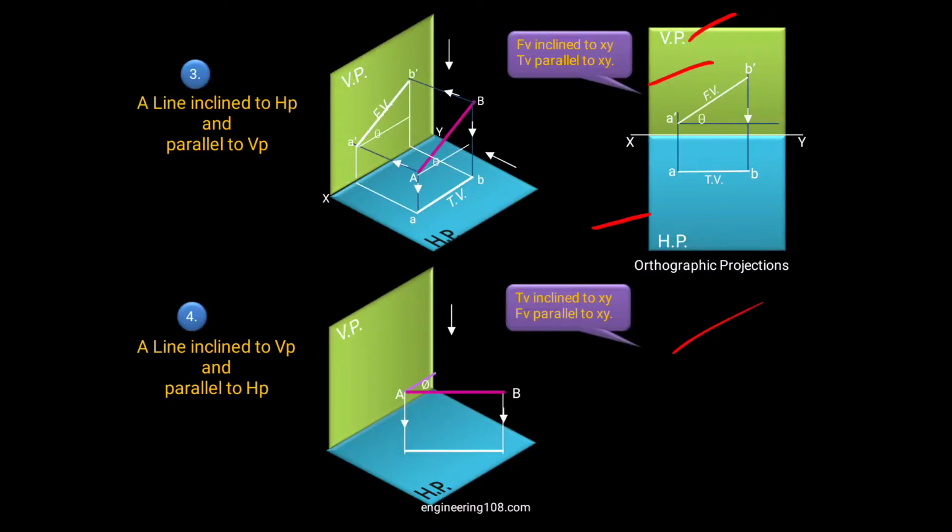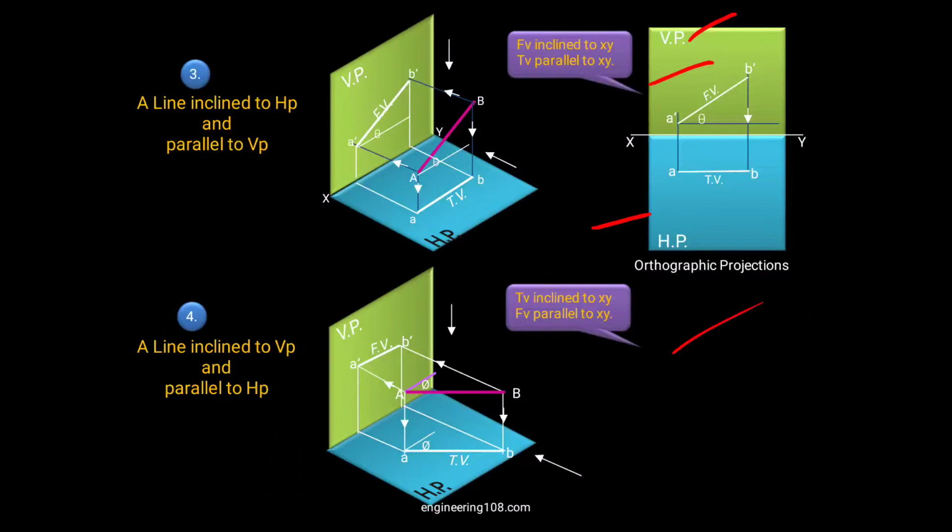Now for the top view, we have to move parallel to which plane? HP. On the HP we have to draw first. This will be the top view, A and B, at angle phi. Here is the angle phi. Now to observe the front view, the two points are struck here. We will name them A dash B dash. This will be the front view.